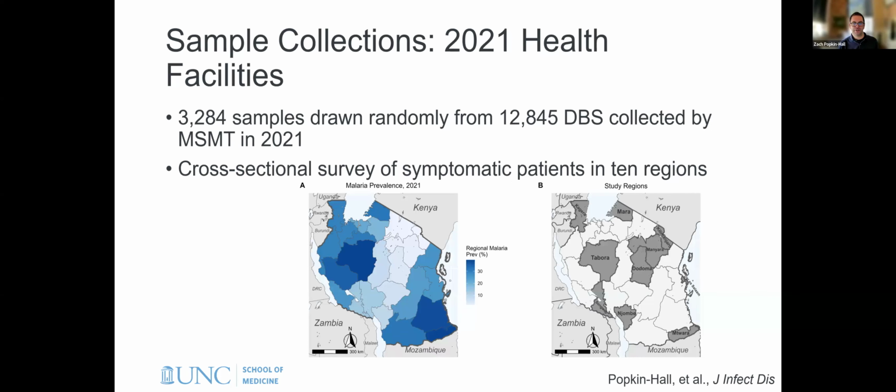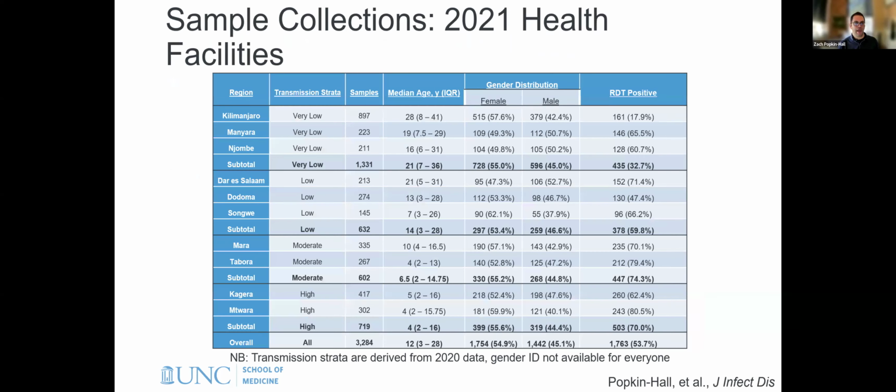We collected a total of 12,845 dried blood spots from patients at those health facilities. And then we drew a random subset of 3,284 of those, which are then what we analyzed to determine the positivity rate of all of these different species of Plasmodium. And I'm not expecting anyone to read this in great depth.